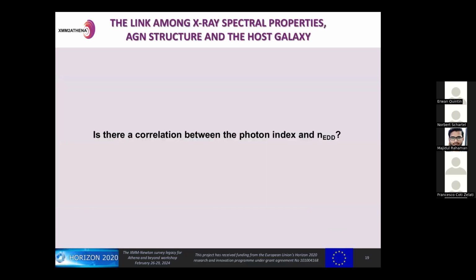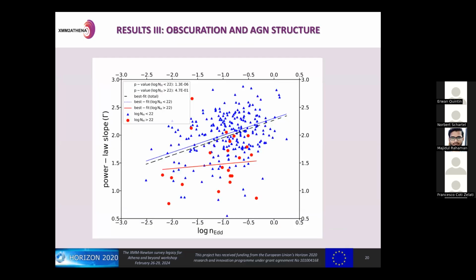And finally, the last topic that we examined, as I mentioned in the very beginning, is whether there is a correlation between the photon index, the gamma parameter, the power law slope of the X-ray spectrum, and the Eddington ratio. And here on the y-axis is the gamma, the power law slope, and on the x-axis is the Eddington ratio.